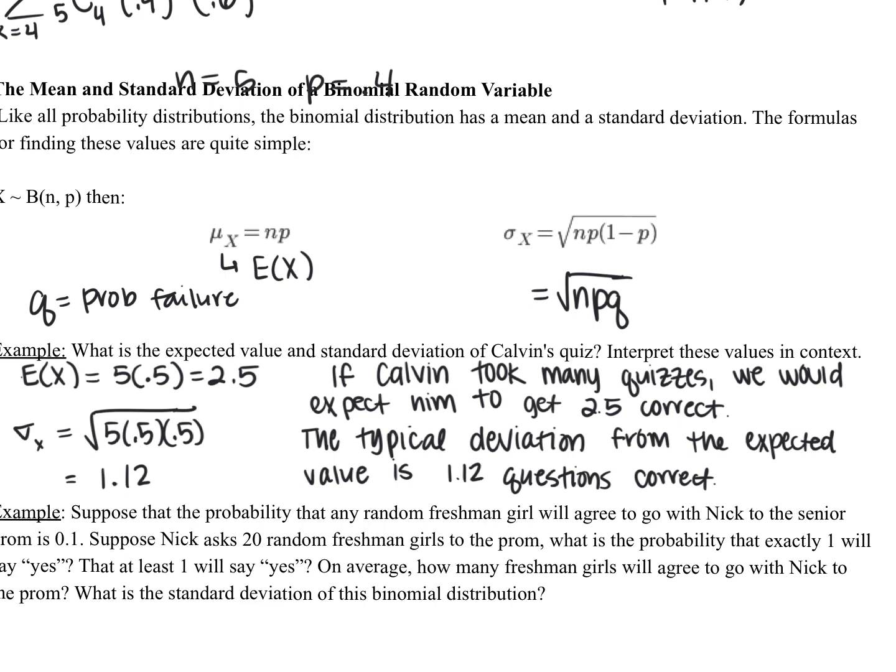So we expect him on average to get 2.5 of them correct, but he can deviate from that by 1.12 questions in either direction.